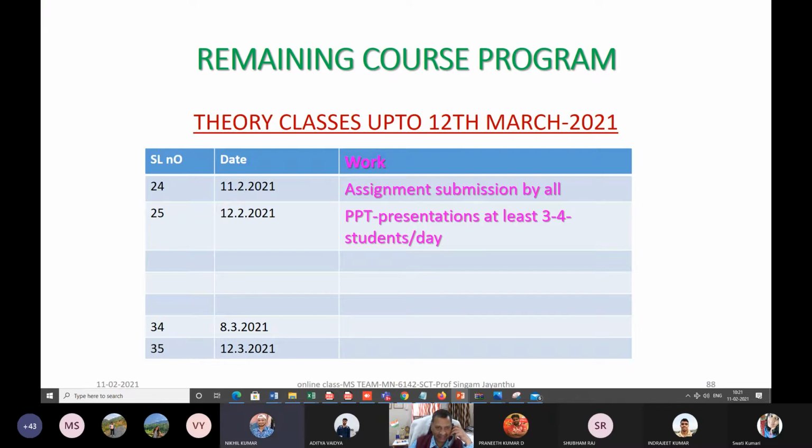Sir, but assignment submission was supposed to be on 15th. Okay, sir. Jayanthu sir has instructed that we need to give some progress for the assignment from 11th, but the final submission will be on 15th only.